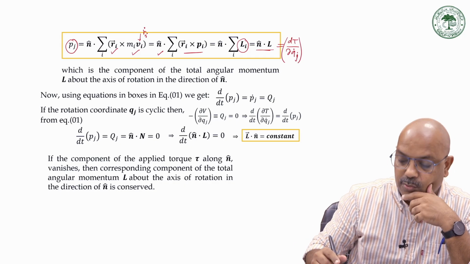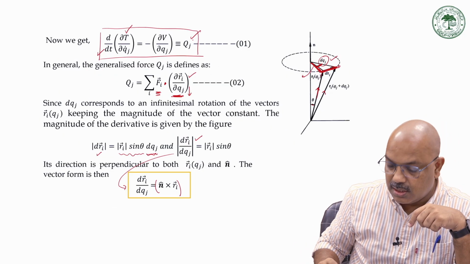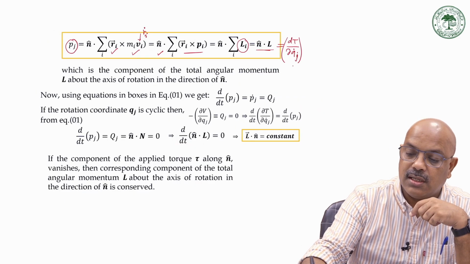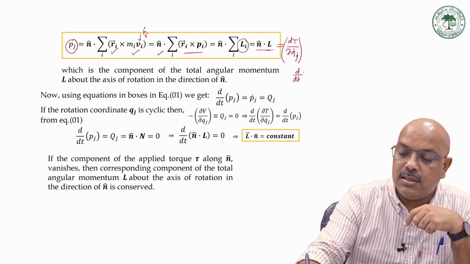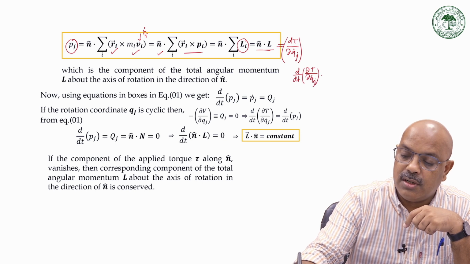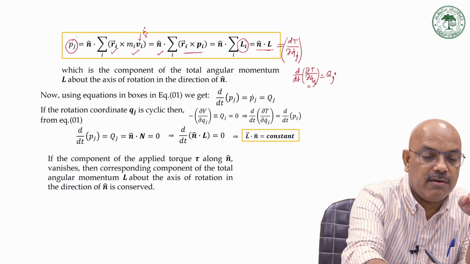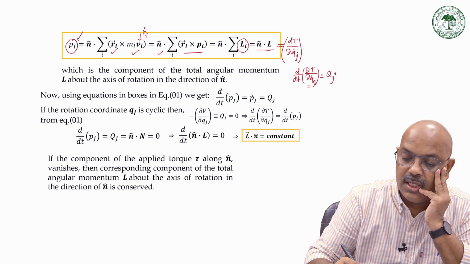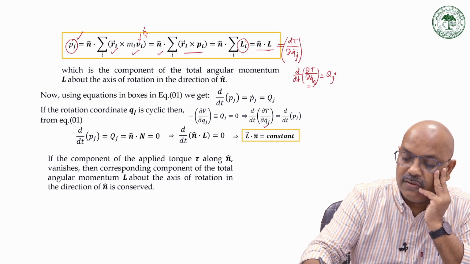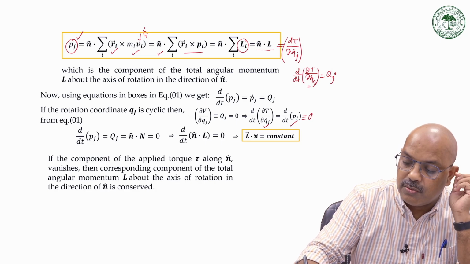And what we have is that our equation of motion was, if you remember, d/dt of dT by del Q_j dot is equal to Q_j. And this is my P_j, we have already covered it. So this is d/dt of P_j, and this is going to be equal to Q_j.